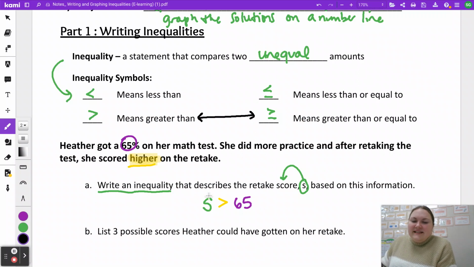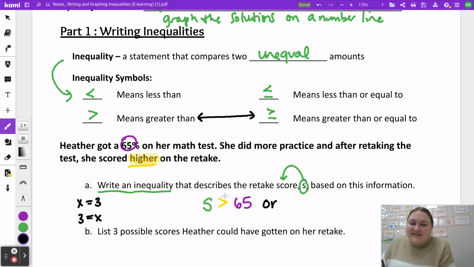Now, this is one possible answer. Did you know, though, that there is another thing you could write down? Any idea what that other thing might be? If you're unsure, we've seen something similar with equations. When we've solved equations, maybe you get x equals 3 or 3 equals x, and we've said how those mean the same thing. You've just flipped it around. You can see that same thing with inequalities.